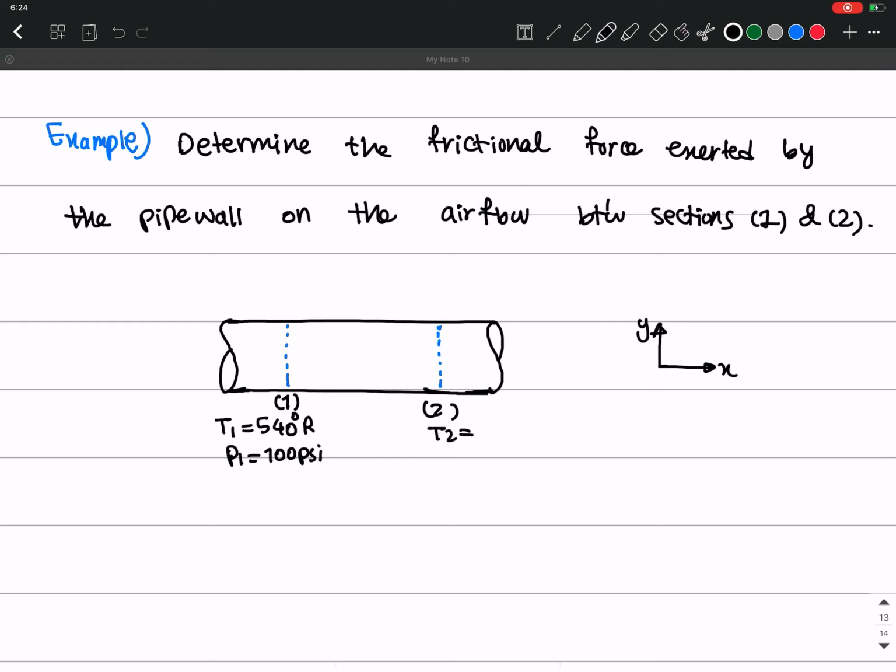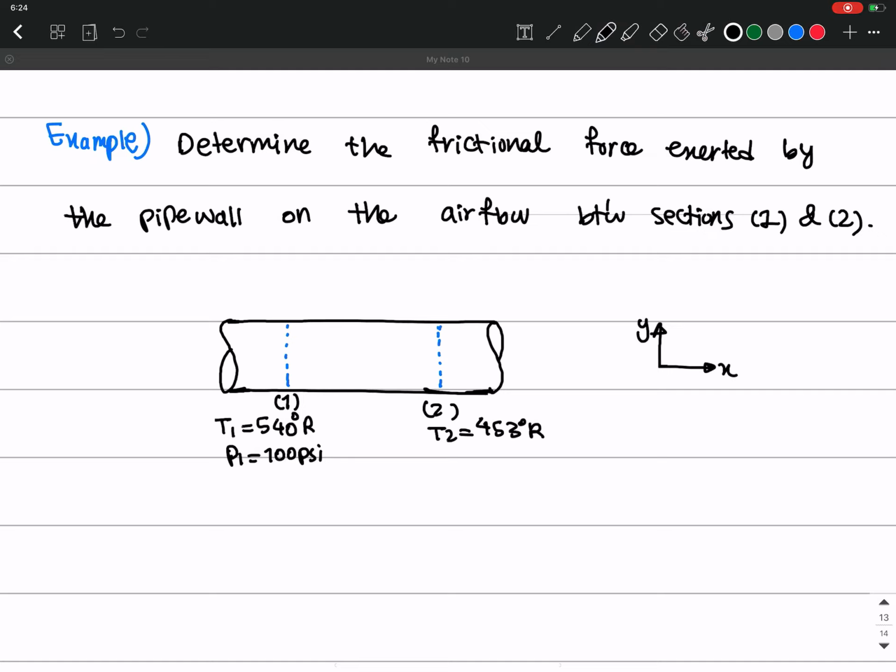T2 is 453. And we have V2 here. V2 is also given, which is 1000 foot per second. So the configuration of this problem is similar to one of the previous problems. Let me write this down.